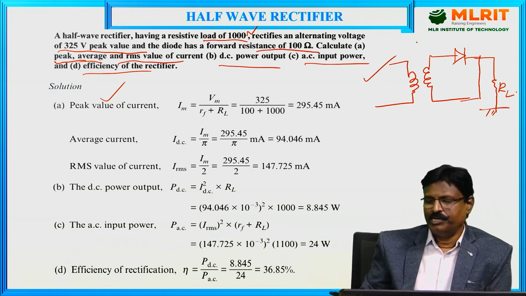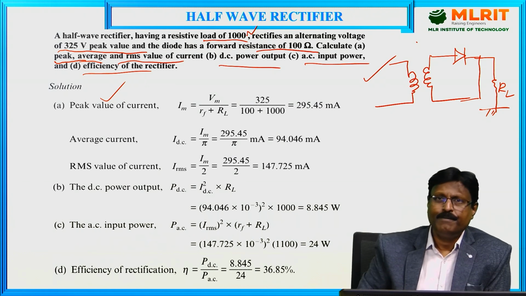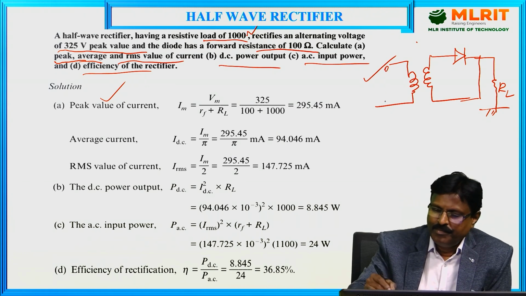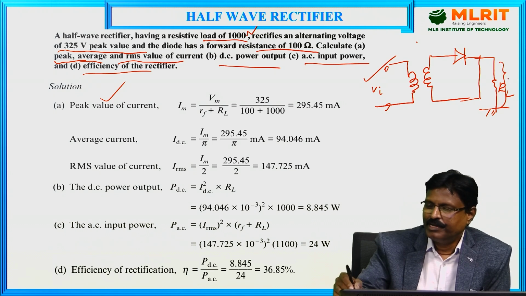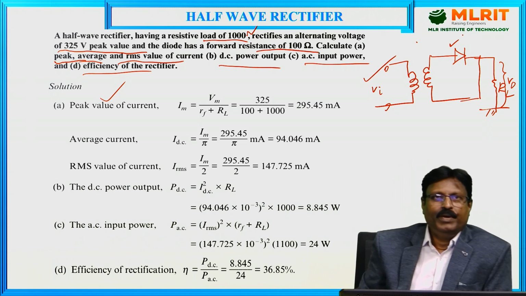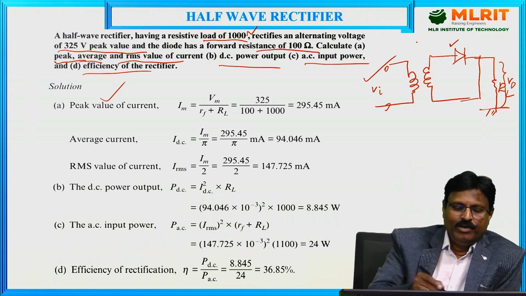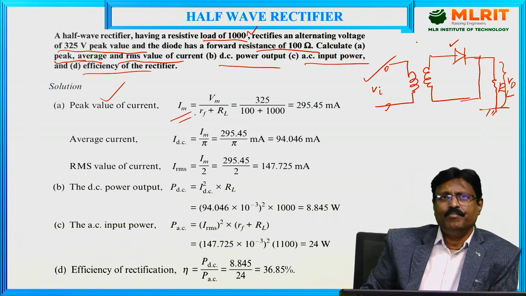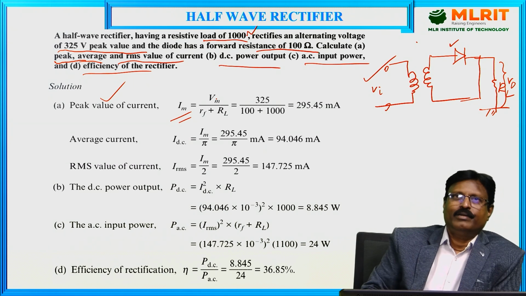So this is a load resistance RL. Here input is provided, Vin, and output will be observed across the load resistance RL, and this is a diode. Okay, so the peak value of current IM. IM is equal to VM by RL.